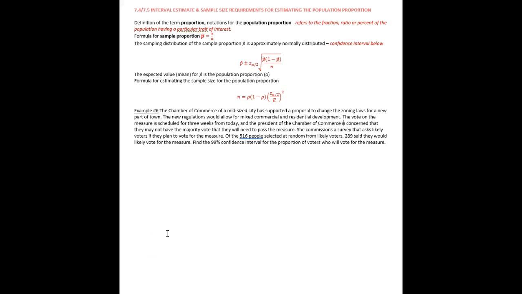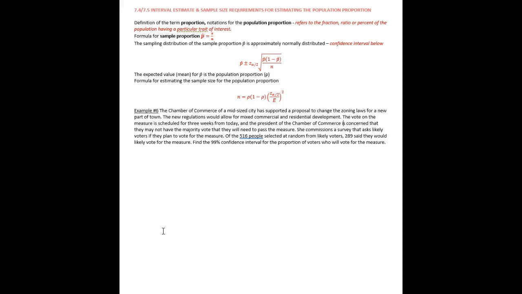This is sections 7.4 and 7.5, interval estimate and sample size requirements for estimating the population proportion. Okay, before we get into any definitions, this is now going to be something where we're estimating a population proportion. So we're not estimating mu. The point of the confidence interval is not to triangulate mu, it's not to try to predict mu in any capacity.